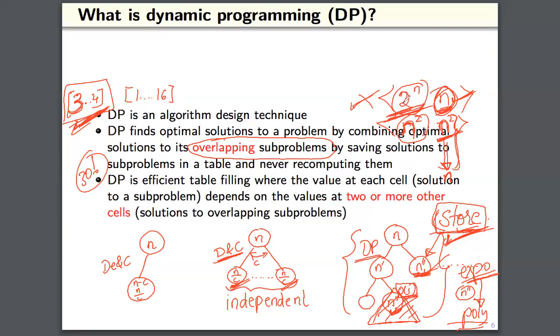Maybe try out 2 power n. If n is equal to, say, 100, what happens? Probably you will not be able to solve the problem. But n squared is 10,000. If n is equal to 100, n squared is a mere 10,000. 10,000 is nothing, right?